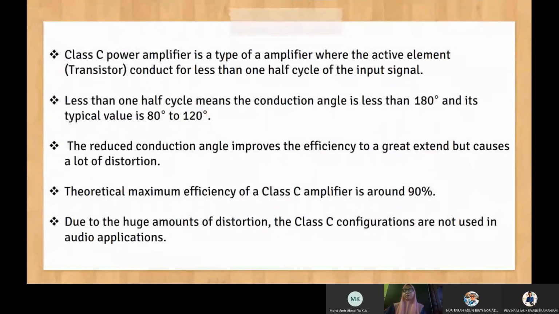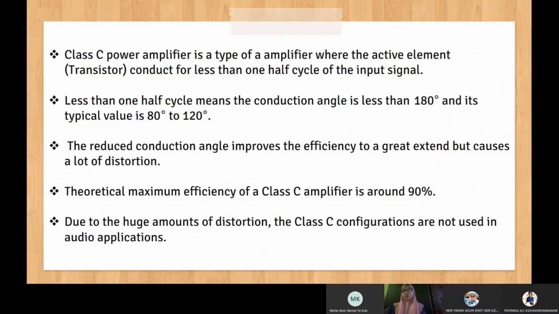Class C power amplifier is a type of amplifier where the active element, such as a transistor, conducts for less than 1/2 cycle of the input signal. Less than 1/2 cycle means the conduction angle is less than 180 degrees and its typical value is 80 degrees to 120 degrees.